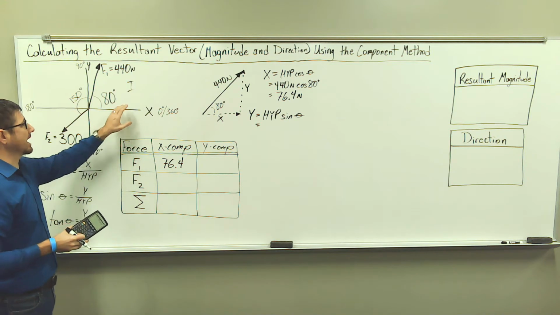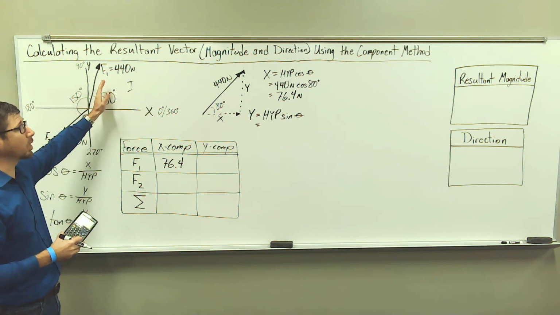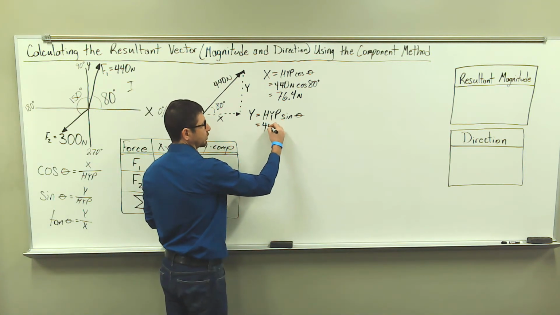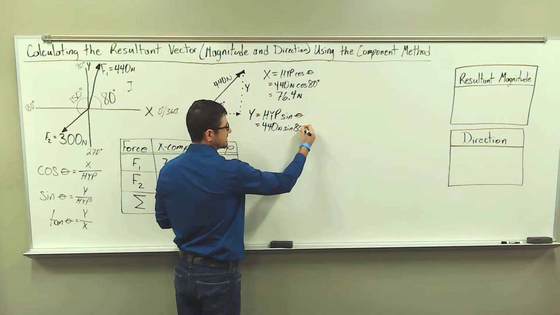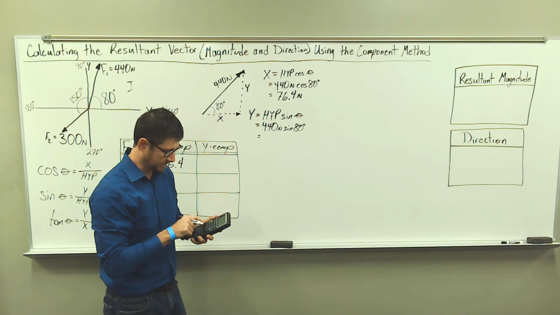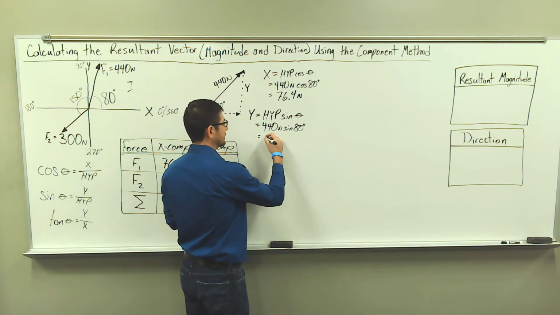Well, taking a look at the illustration given to us, we know that this is in a positive y direction. So we're going to have a positive value for the 440 newtons times sine of our reference angle, 80 degrees. So 440 times sine 80 degrees. This is 433.3 newtons.